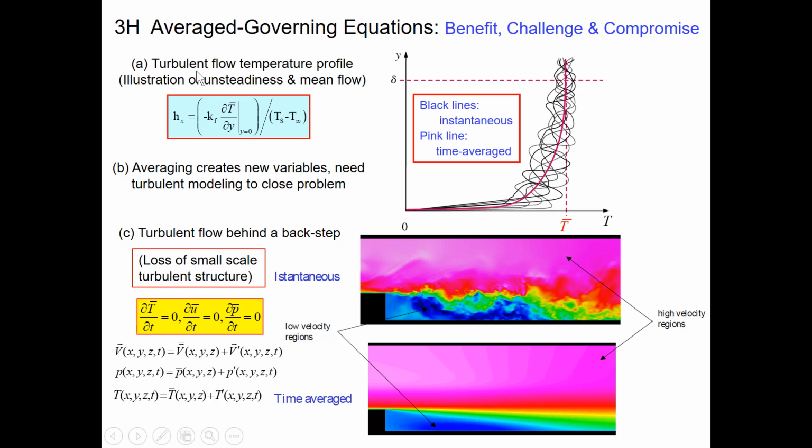The challenge of using the averaged governing equation is that when we do the averaging, it creates new variables, so we need turbulence modeling to close the problem. Third, what is the compromise of using the averaged temperature equation?